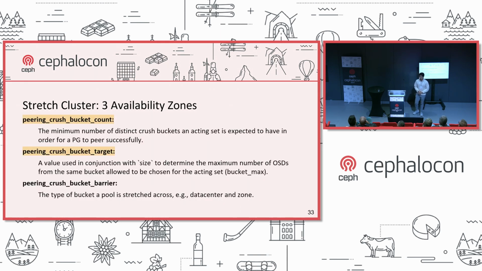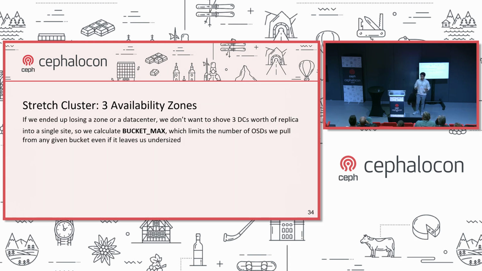The next thing I want to talk about is peering crush bucket target. It is used in conjunction with the size of the pool to determine the maximum number of OSDs from the same data center that is allowed to be chosen into the acting set. It's used to calculate bucket max, and why is bucket max so important?